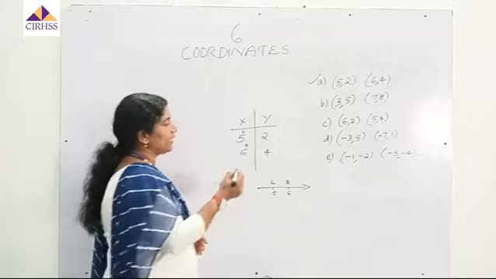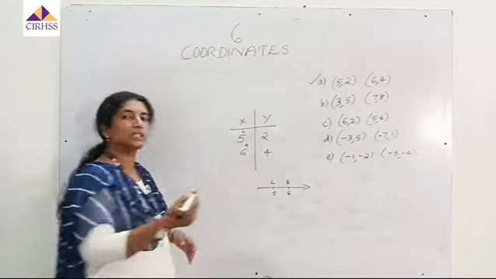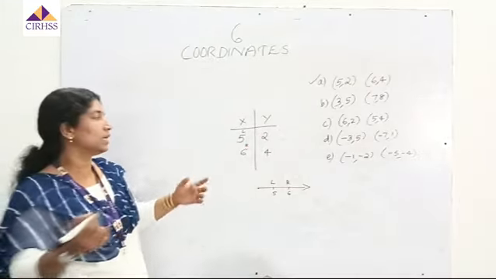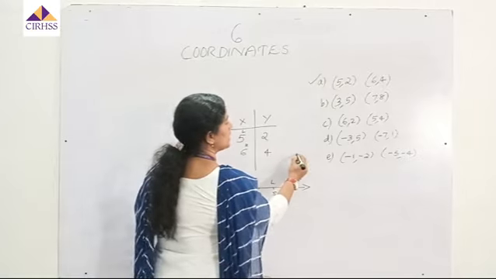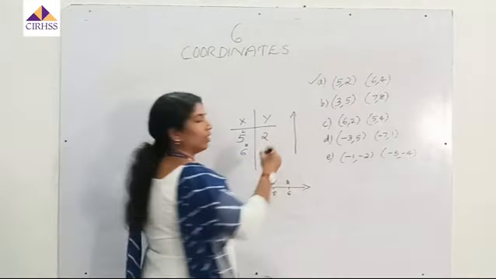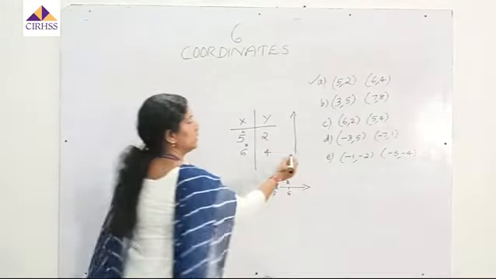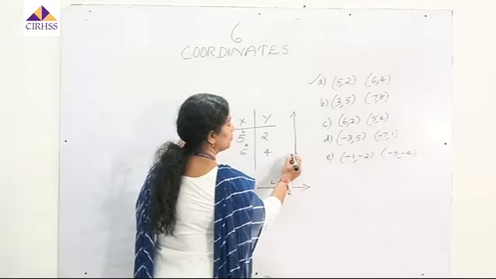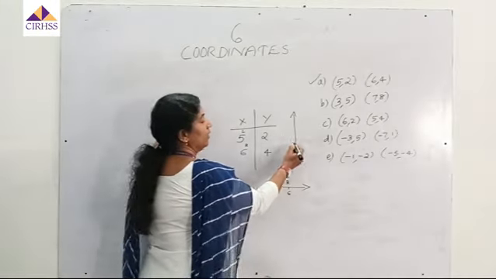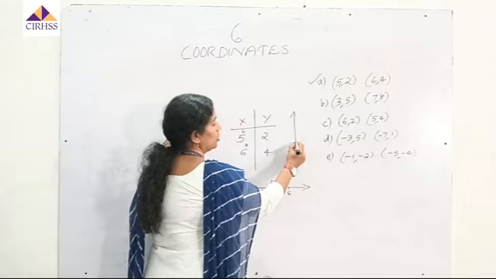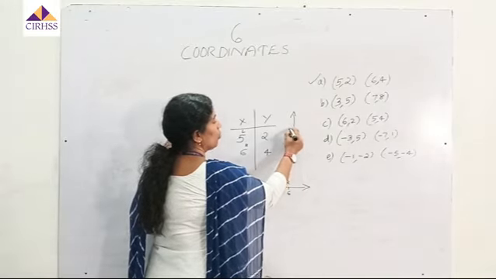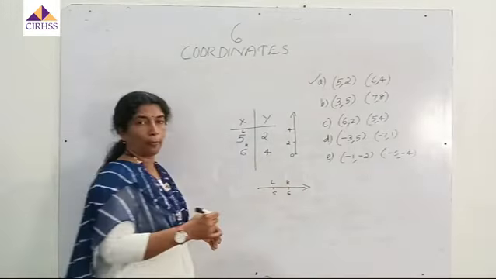Next, take the y-axis. These two numbers are positive numbers, so we consider the top side, where 0 is here. Then the first one is 2, next 4. Okay.